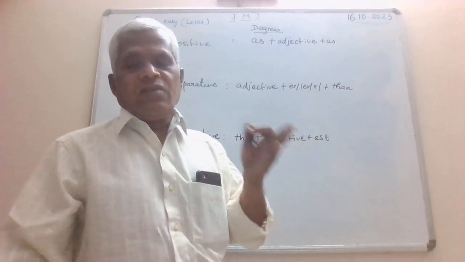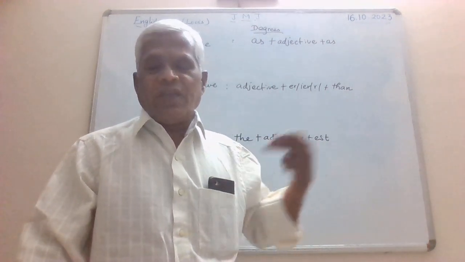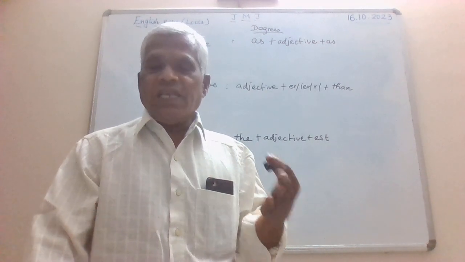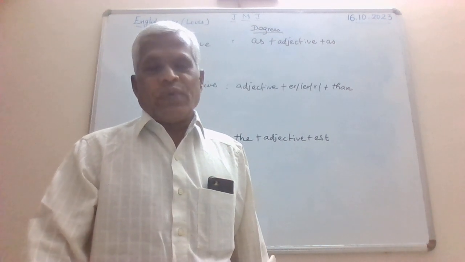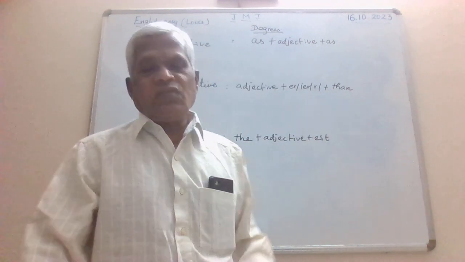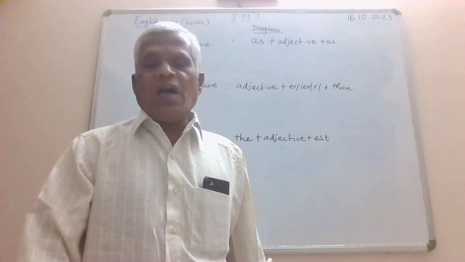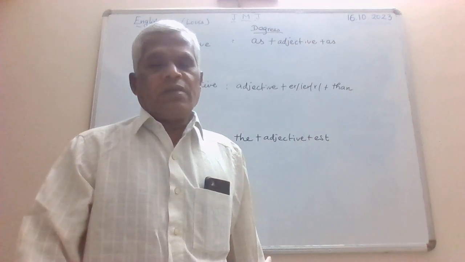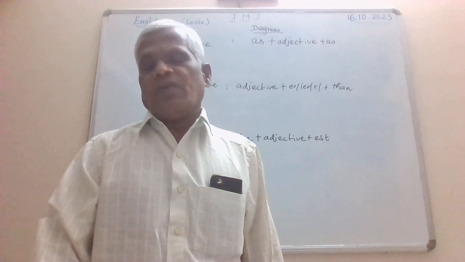You remove the Y and then add ER. For example, heavy, heavier. See? Costly, costlier. So this is an example. And then there are certain words where only R is added. See, only R is added. And then you have than afterwards.